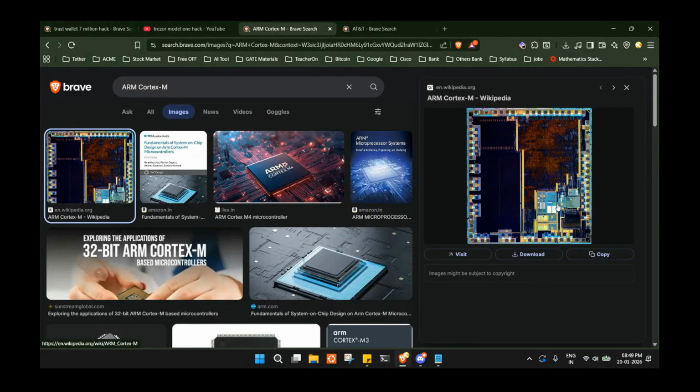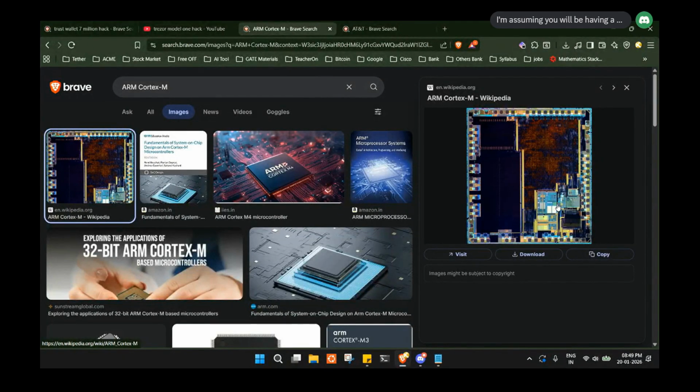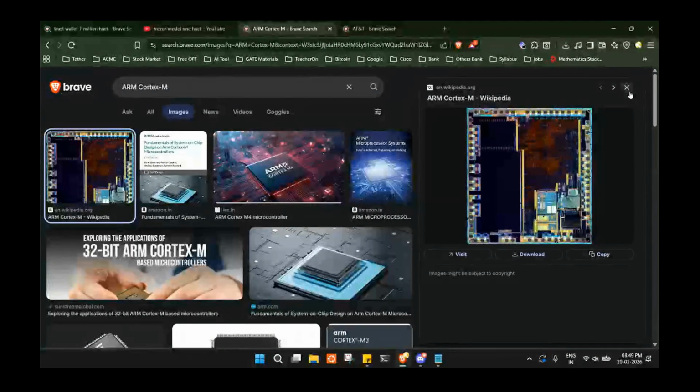At that time you can do laser fault, and through that the chip may operate the way you want it to. So it might be possible, might not be possible, but it has happened with multiple hardware. You can search about this topic and you will see so many hacks have happened using this. So it is even possible.